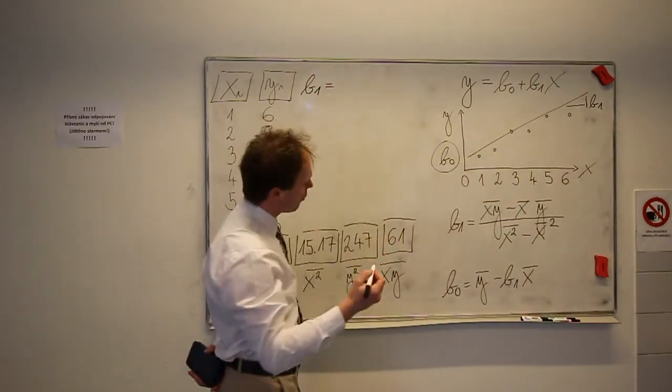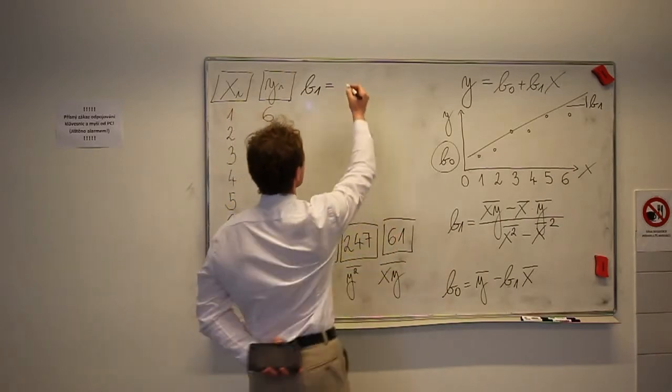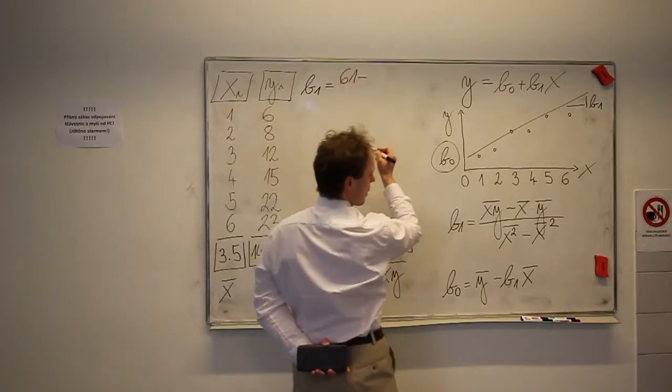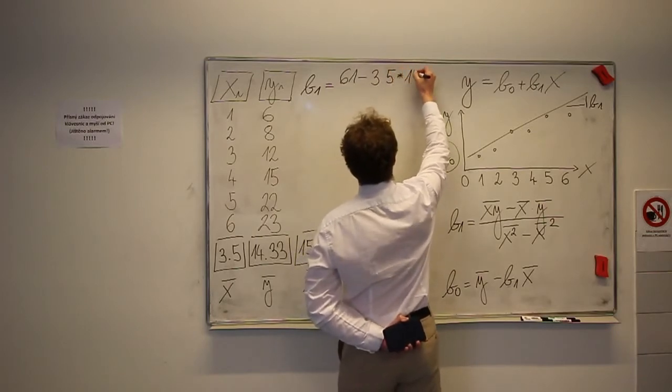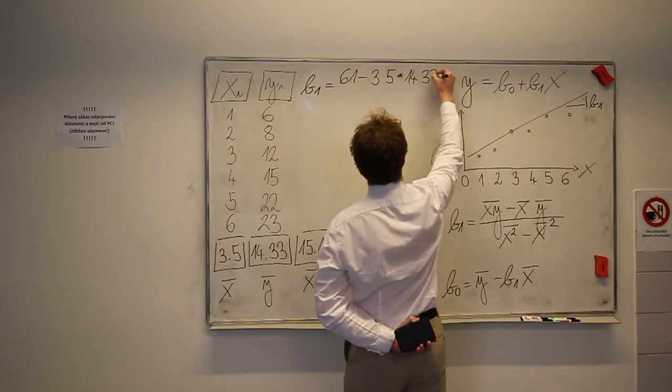B1. So again, in the numerator there is a covariance. 61 minus 3.5 times 14.33.